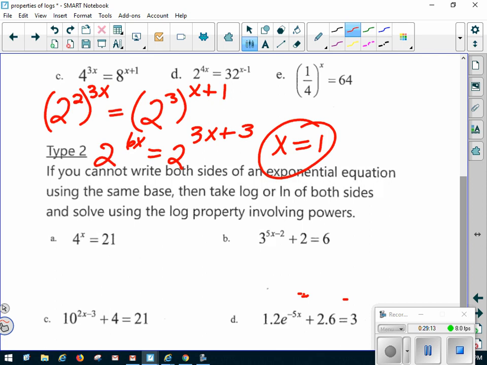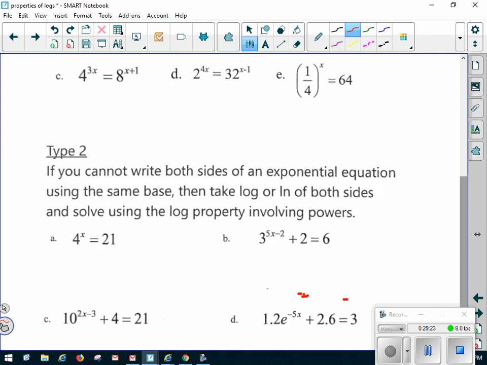All right. What about D? What are we going to do to D? Two to the 4x equals 2 to the 5th to the x minus 1.